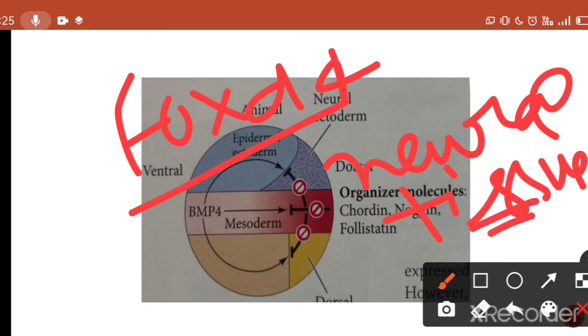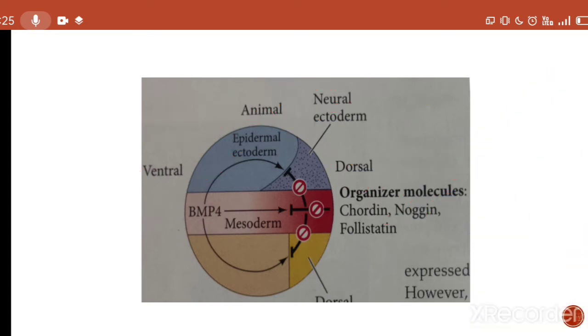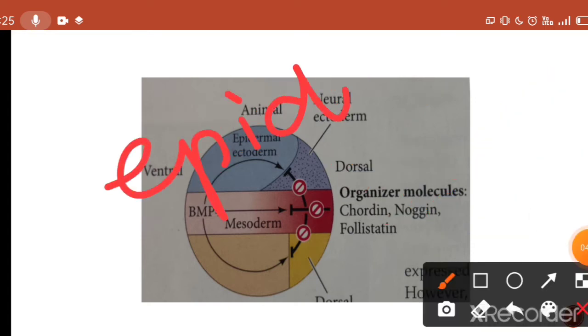So we can say that the repression of these genes in the ectoderm inhibits the formation of neural tissue and results in the formation of epidermal tissue.